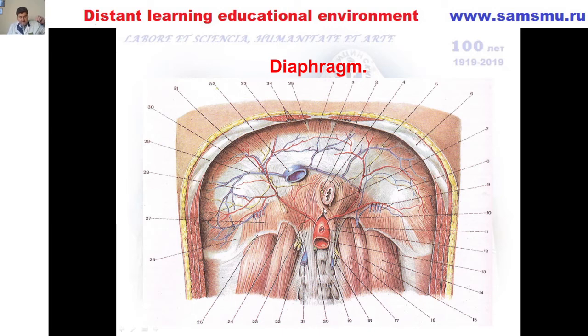But somewhat to the left and above it they separate again to form an opening, the esophageal hiatus, hiatus esophageus, through which the esophagus and both vagus nerves attendant to it pass.